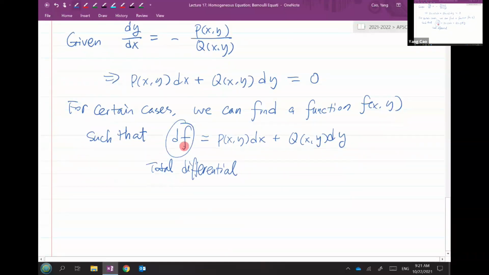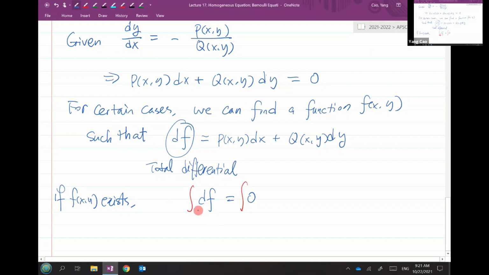If it does happen, then the whole left side becomes df equal to 0. So if df equals 0, then I can solve for this f by integrating both sides. Let me put down here: if f of x, y exists, then you can do this step.